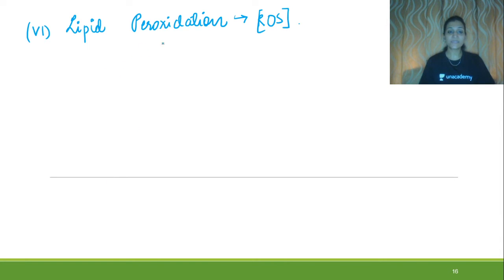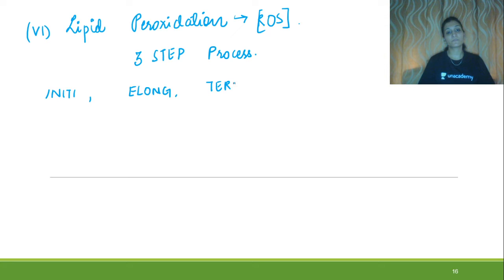So how does this actually occur? It's a 3-step process: initiation, then elongation, and then termination. Right, so we will be talking about this. First of all, let us see initiation.